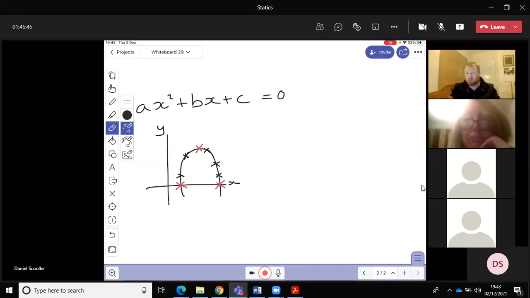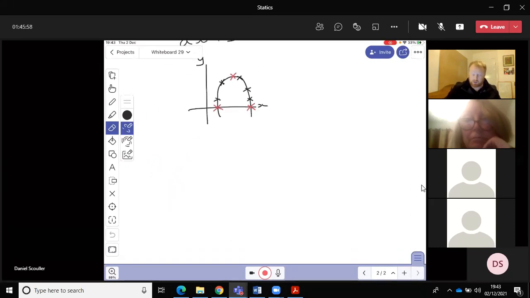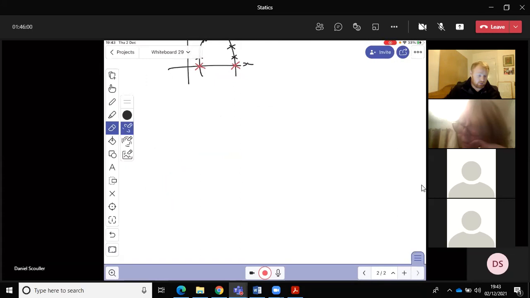So they are pretty useful. The majority of people will never use this again, but a lot of people do, and it's exciting. So we're going to do completing the square. Just bear in mind it is useful later on.